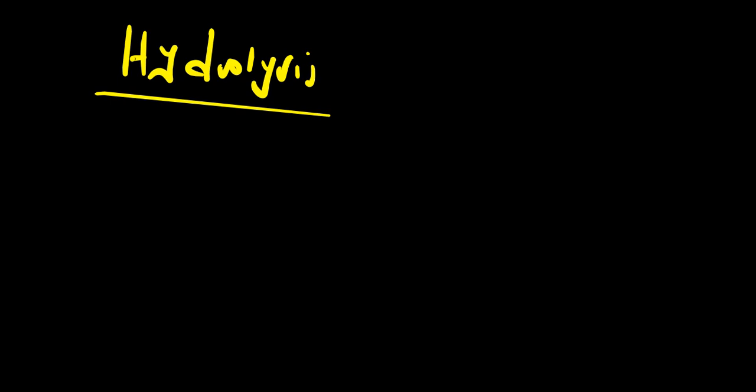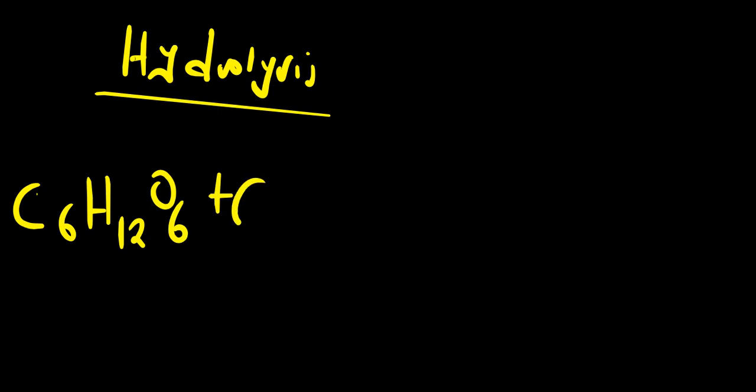Now there are some of the things that you need to understand. For example, you can get two glucose molecules. If we say C6H12O6, that's one glucose molecule. We combine it with another glucose molecule.